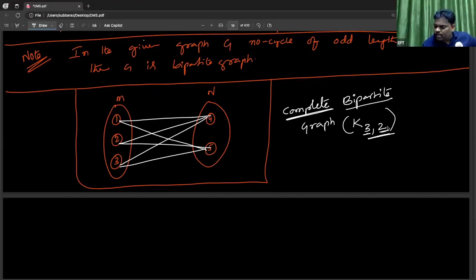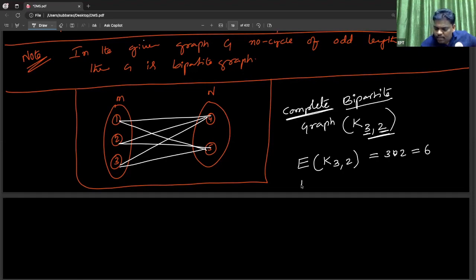Now some people are asking, sir, in a complete bipartite graph K 3,2, how many edges are there? Number of edges in K 3,2 is equal to what? Every person has 2 edges, like that 3 times. 3 into 2, 6 edges. Check.